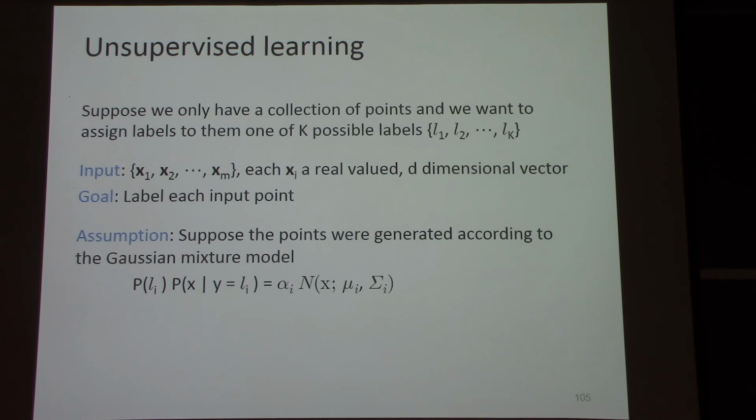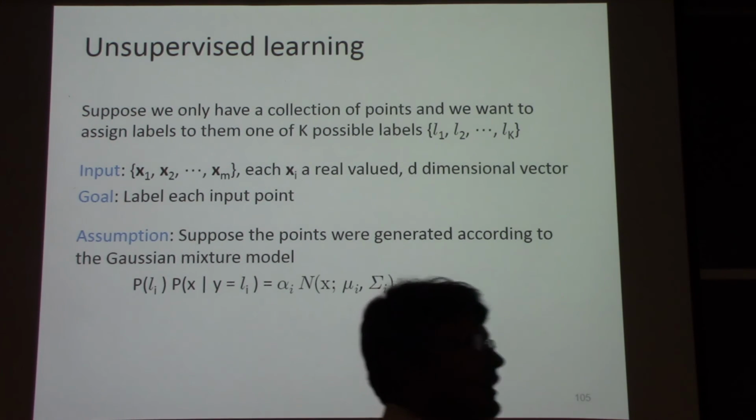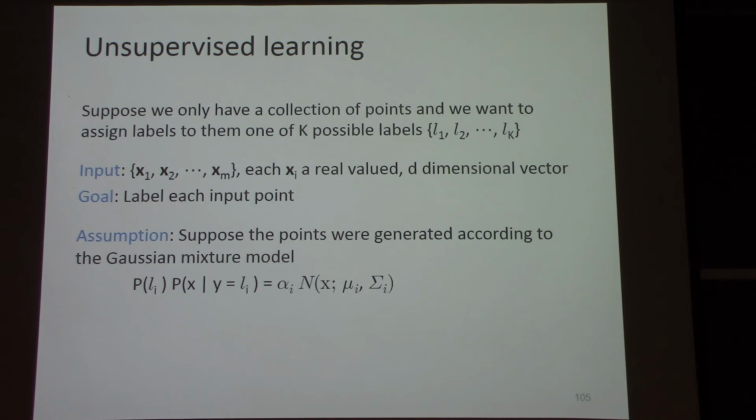The unsupervised version of this problem looks as follows. Now I give you a collection of points, and I tell you that these points were generated according to a mixture of Gaussians. But I don't give you any labels. I just give you a collection of points and ask you to find the model that generated the data.